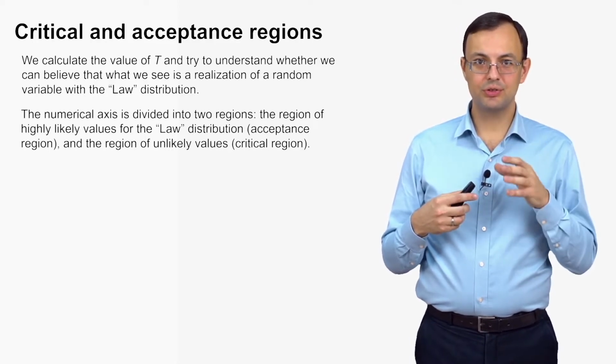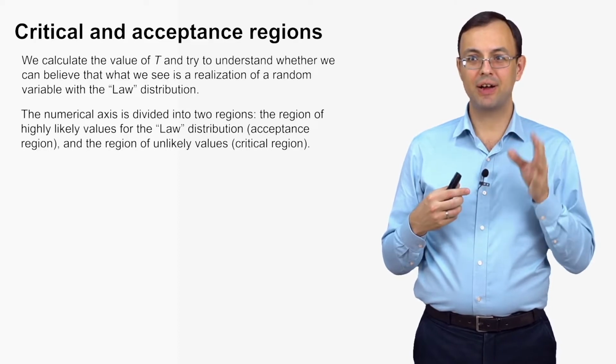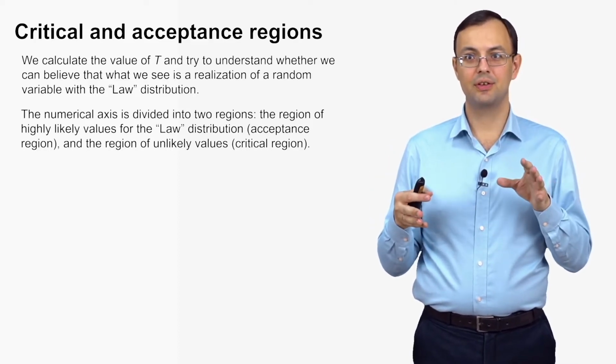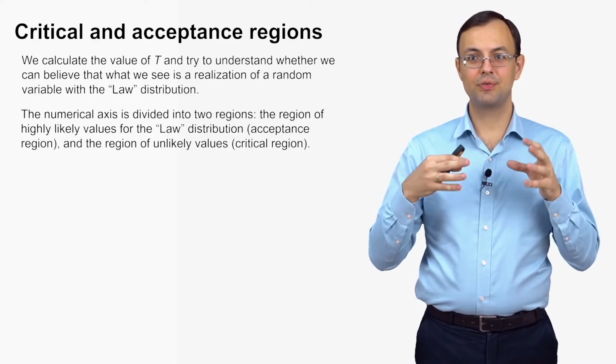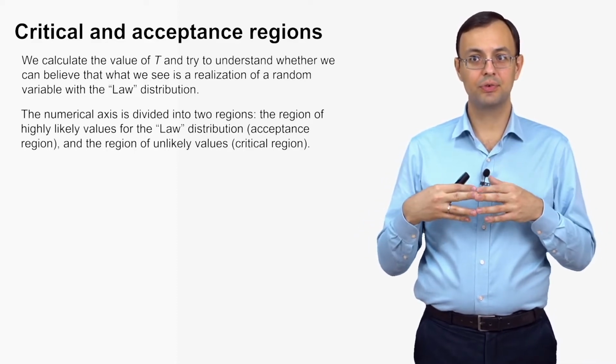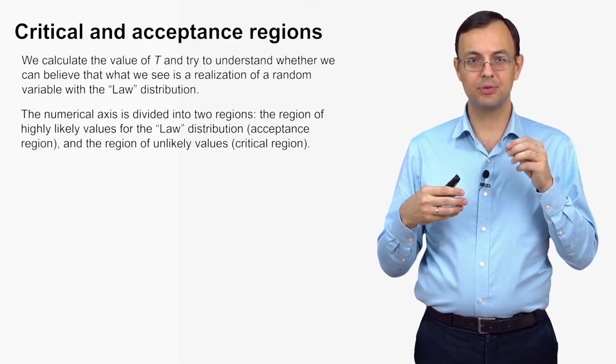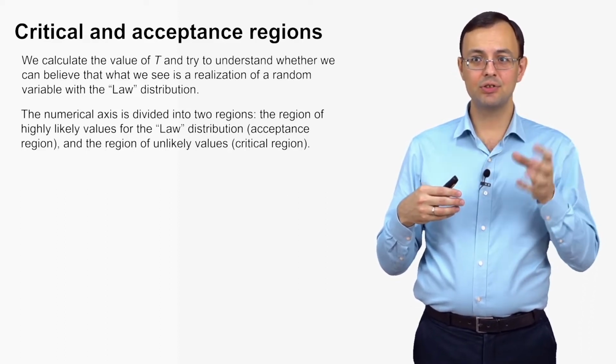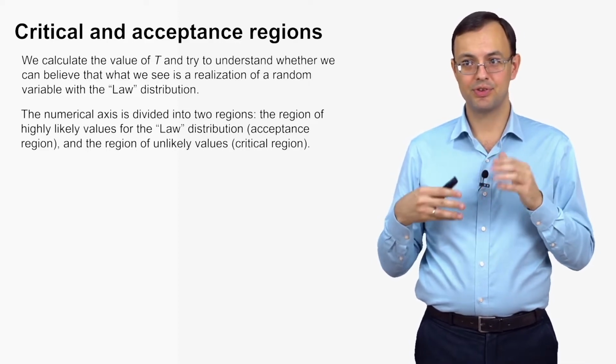And what you need to do is to divide the numerical axis into two regions. The first is the region of highly likely values for the random variable distributed with the given distribution, and another one is the region of unlikely values for this distribution.